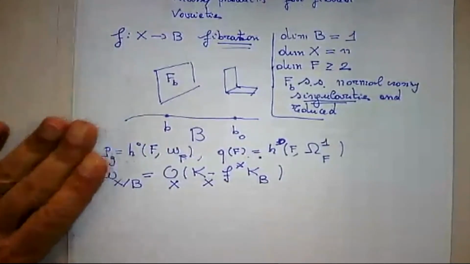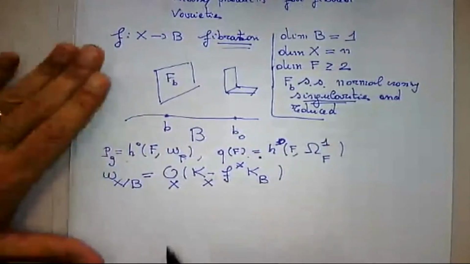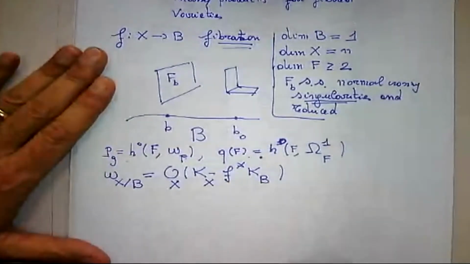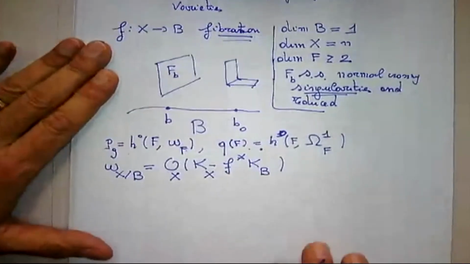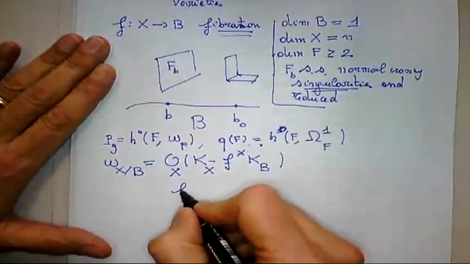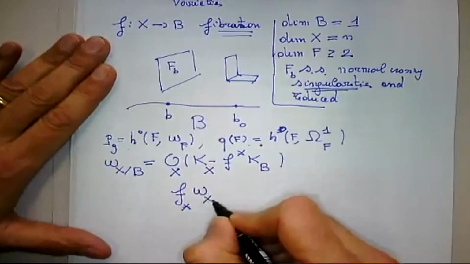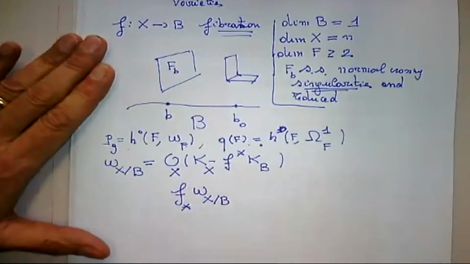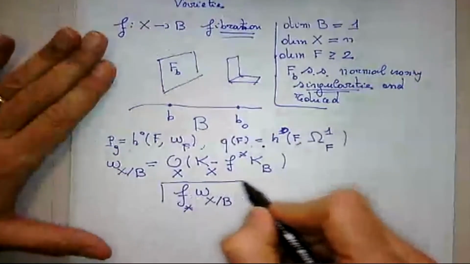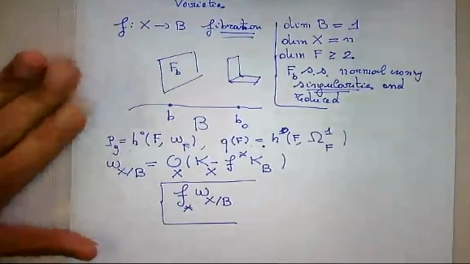And what we will study, and I will tell you why I am interested, is f lower star of the relative canonical sheaf. Okay, this is the object of study today. Why?